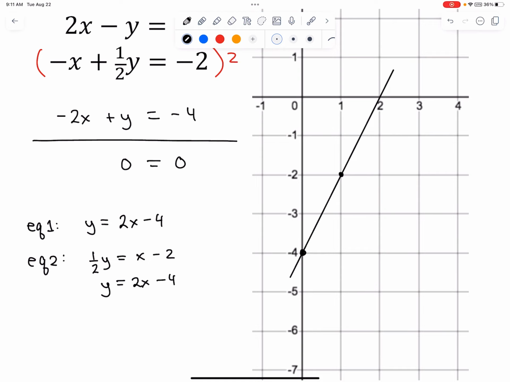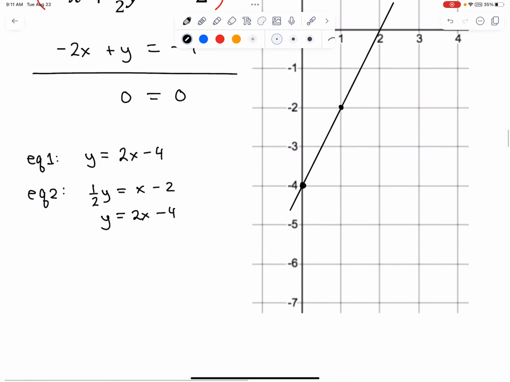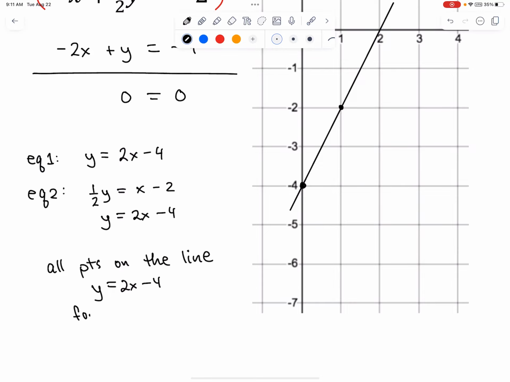When you take both equations and you solve them both for y, and you wind up getting the exact same mx plus b form, this is how you know basically we're working with the exact same line. They were just presented differently as two different equations. So the solution is infinitely many answers. We're going to say it this way: all points on the line y equals 2x minus 4 form the solution set.